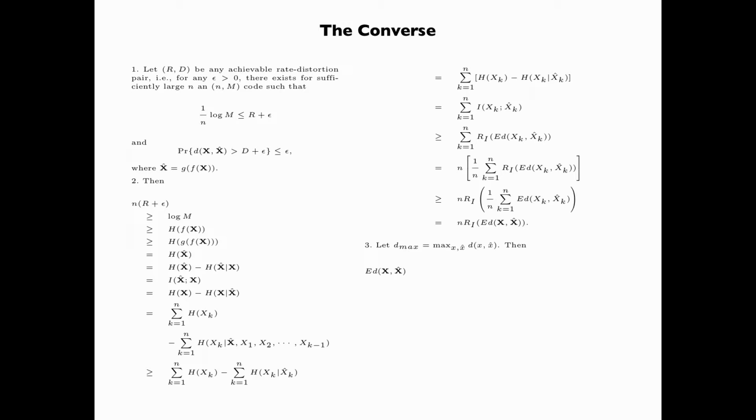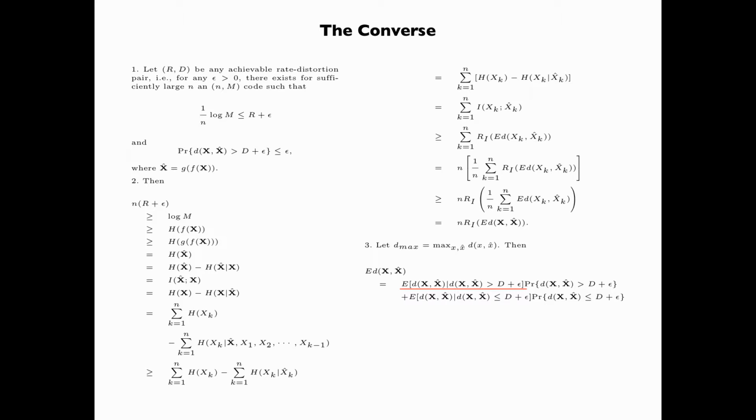Then the expected distortion between x and x hat is equal to the expectation of d(x, x hat) given d(x, x hat) is greater than D plus epsilon times the probability that d(x, x hat) is greater than D plus epsilon, plus the expectation of d(x, x hat) given d(x, x hat) is less than or equal to D plus epsilon times the probability that d(x, x hat) is less than or equal to D plus epsilon.